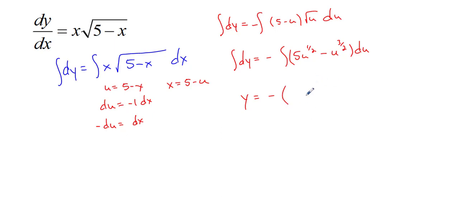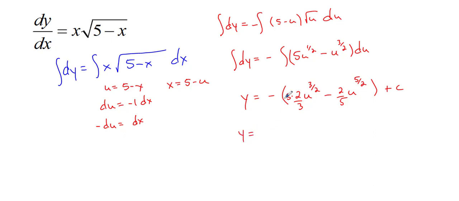okay, u to the 3 halves times 2/3 times 5 minus u to the 5 halves times 2/5 plus c. Okay, rewrite.